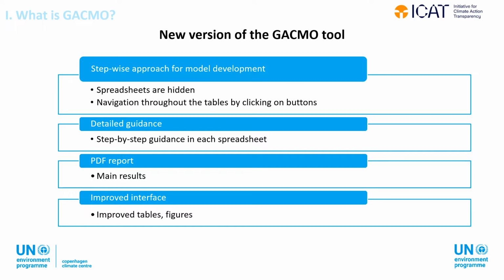Navigation throughout the tables is done by clicking on the buttons. The new version provides detailed guidance in each spreadsheet. Also, the user has an opportunity to view the results in PDF reports presenting the main results of the tool. It also contains an improved interface through improved tables and figures throughout the model.